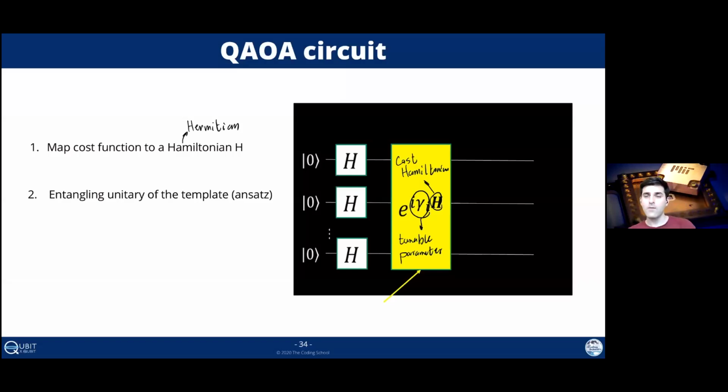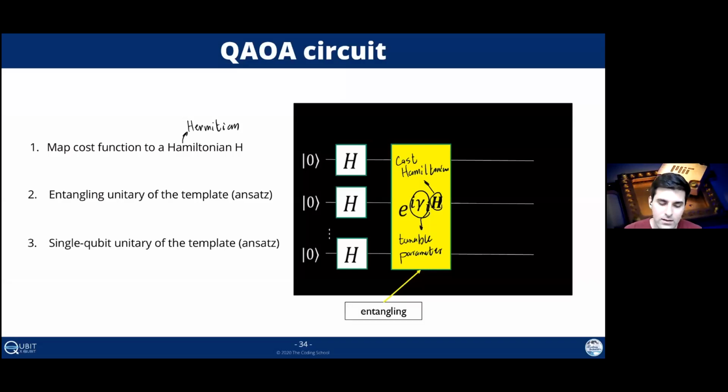The reason I emphasize that this operator needs to be Hermitian is because we want e to the power of i gamma times H to be a unitary operation, such that we can actually create the circuit for it. So this is the first part of the circuit. In QAOA, the entangling part of our ansatz is in a sense inspired by the cost function that we're trying to optimize. And I think that's powerful. It's taking something about the problem and incorporating it into the circuit that we're trying to run.